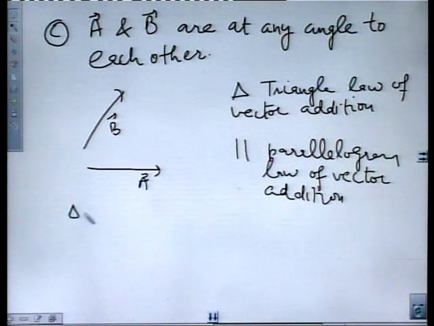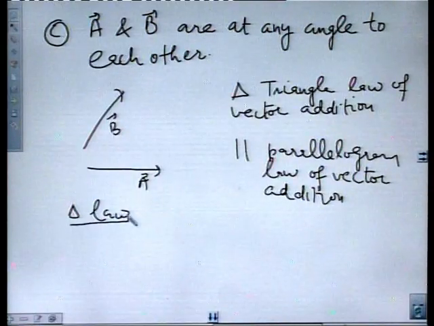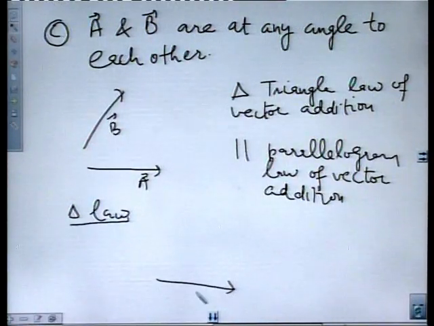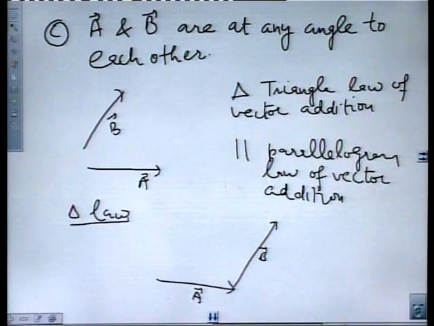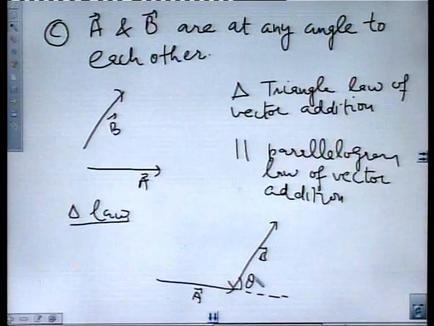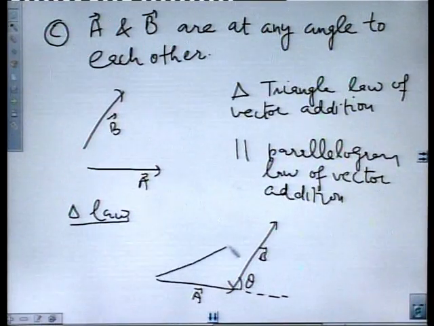Suppose we take the triangle law. So in case of triangle law, we take the two sides of the triangle: A vector and the second vector is B. So these two vectors represent the two sides of the triangle. Firstly, we take the vector A and place the vector B on the end point of the vector A. The angle between the two vectors is theta. After that, we complete this triangle.